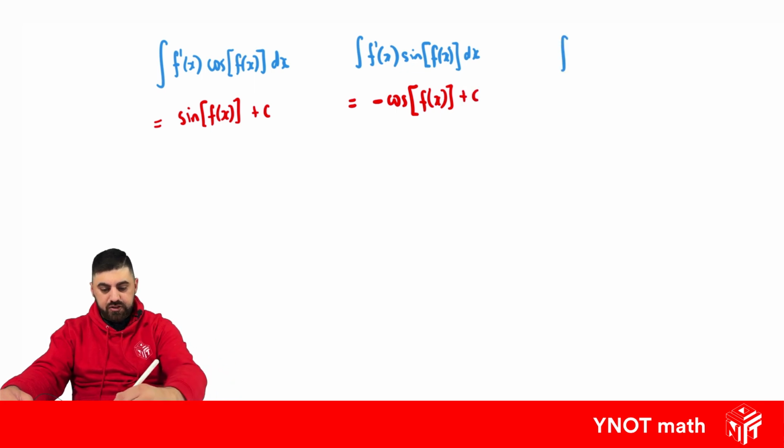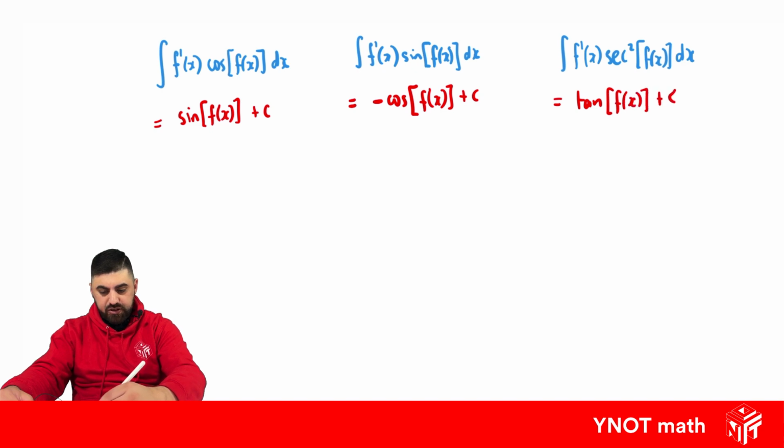And if we have the integral of f dash of x sec squared of f of x dx, this is going to give us the tan of f of x plus a constant.